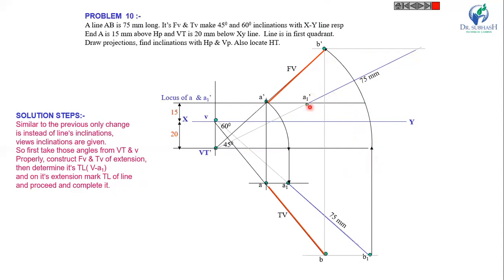So this point is A1 dash and this is B1 dash. So this angle is theta and this angle is phi. So this point is H dash, now draw the projector from this H dash, and you will get the HT here.